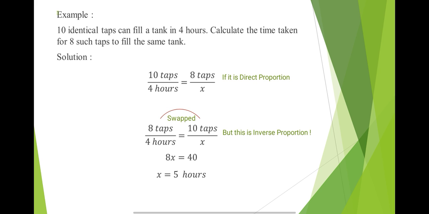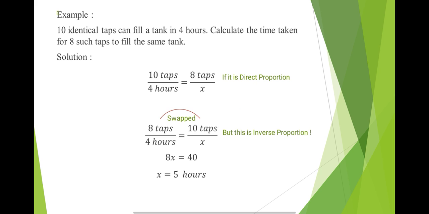Okay. So we form the equation first, which I already taught in the previous video on direct proportion, that we should put the same classification of things in one row.